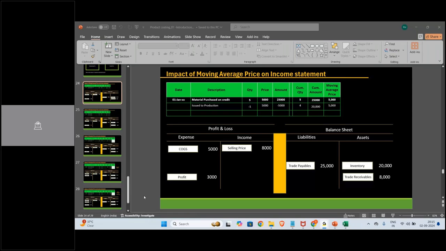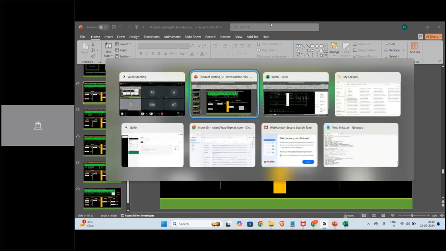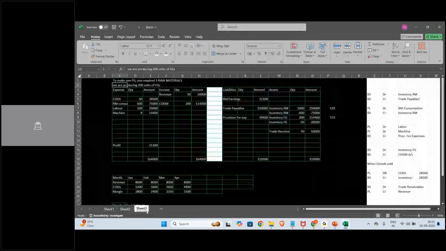Okay, let's build that. Let's build the example, the same thing which I went into in Excel. We will see both the examples, standard cost as well as this one, inventory cost. Now I'll go to standard price versus moving average price.